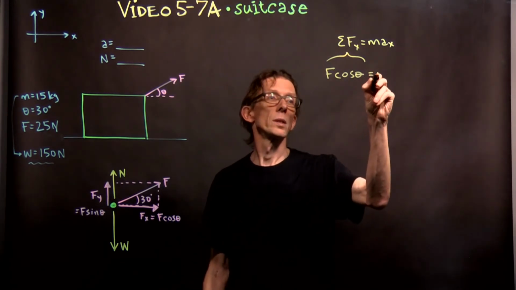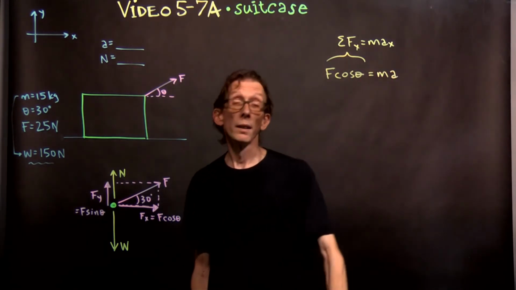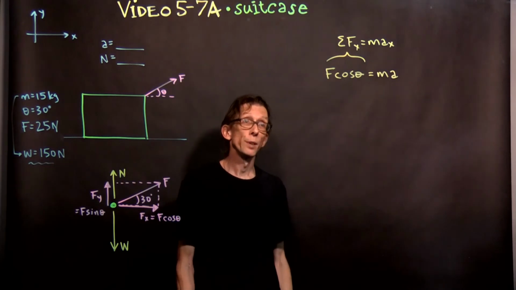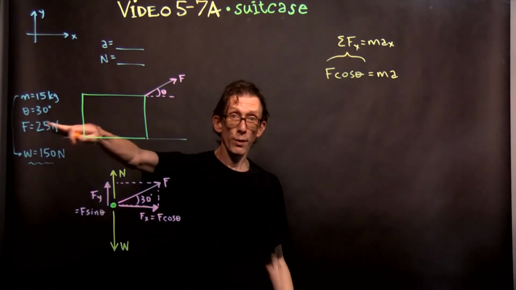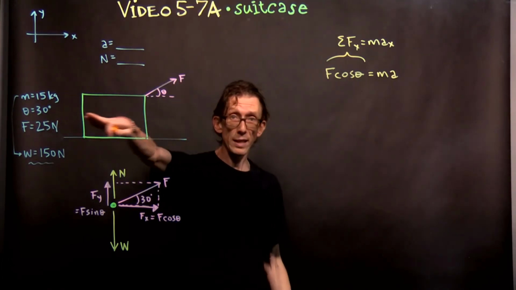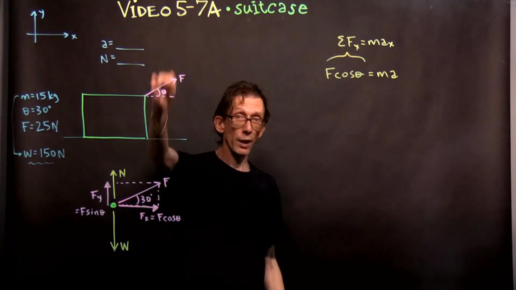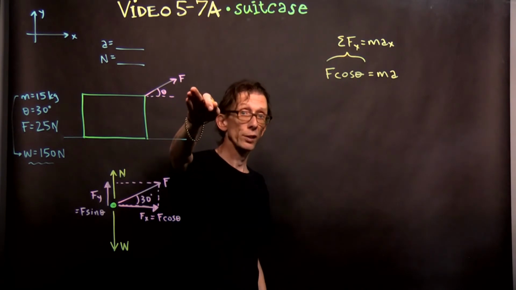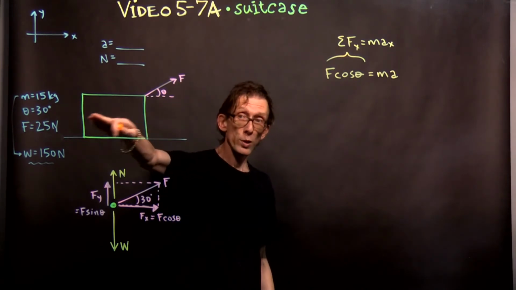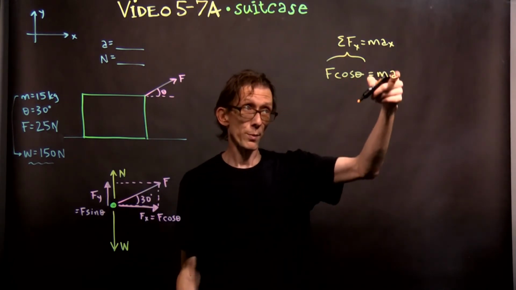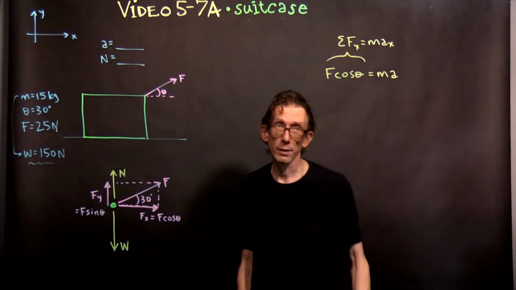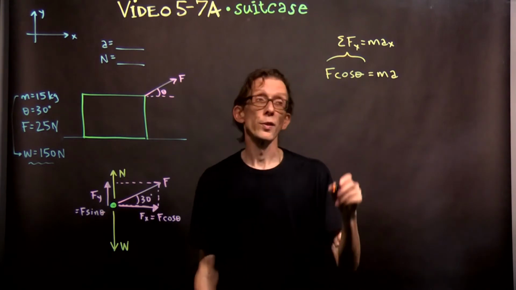That equals ma. And again, I'm dropping the subscript on the a because I told you from the get-go that the suitcase is moving in the x direction. It's not being lifted up. This force is not enough to lift it up. So I'm telling you it's moving all in the x direction. So we can drop the subscript because a is equal to a sub x, and we can solve this for a.